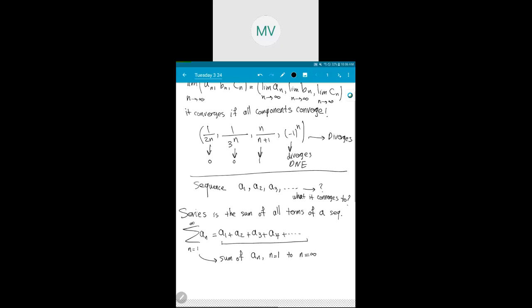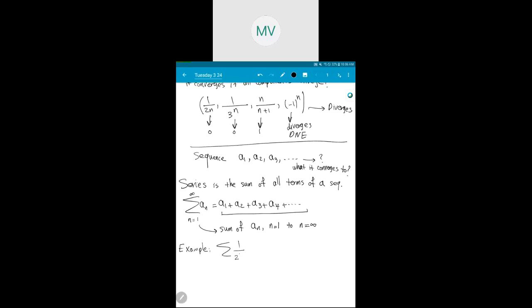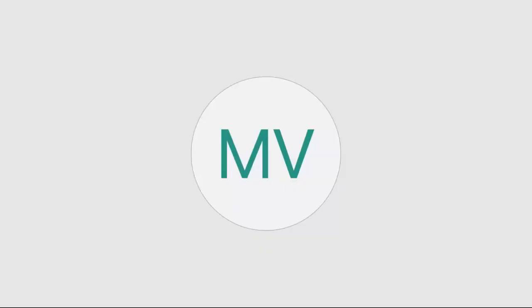So when I say sum of 1 over 2 to the n, n could start from any number. It could start from 0. You barely see sums starting from negative indices, like starting from -1. The most common case is n from 0, but sometimes you get a 0 in the denominator, so it's undefined.